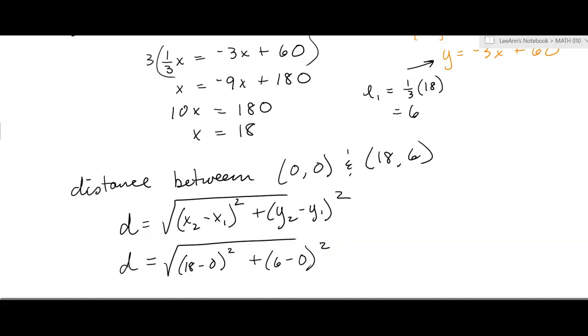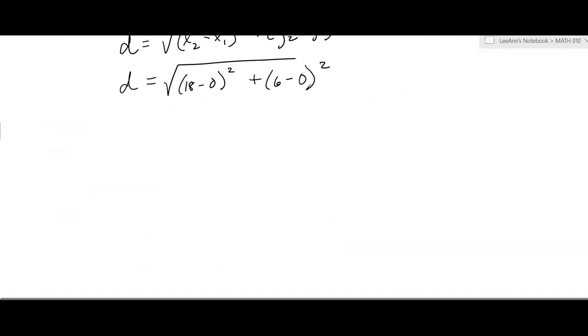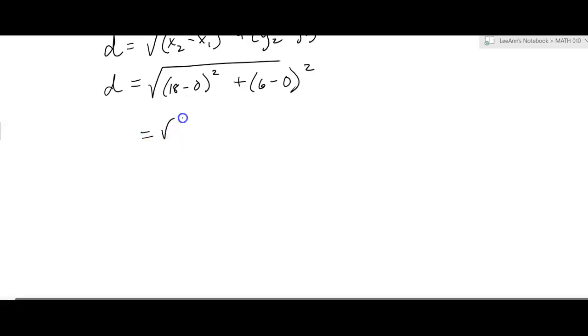And that's going to be the square root of 18 squared plus 6 squared. What's 18 squared? Don't remember that one. 324 plus 36. I'll add the 36.